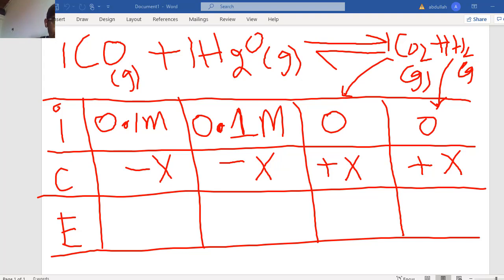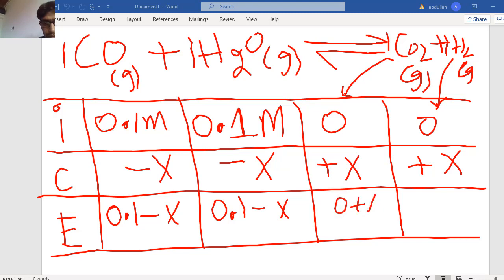Now when the initial and the change in concentration are combined, they form the equilibrium concentration. Add these two rows and we get the equilibrium concentration row. So 0.1 minus x, 0.1 minus x, 0 plus x, 0 plus x.